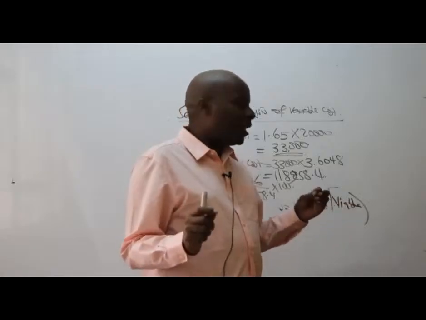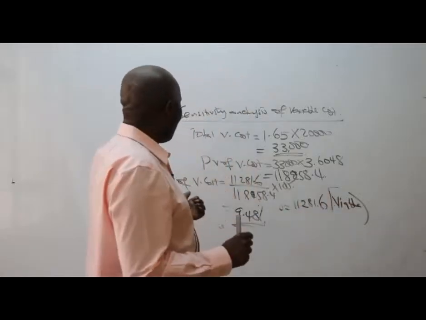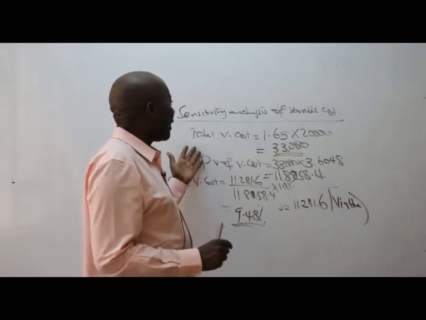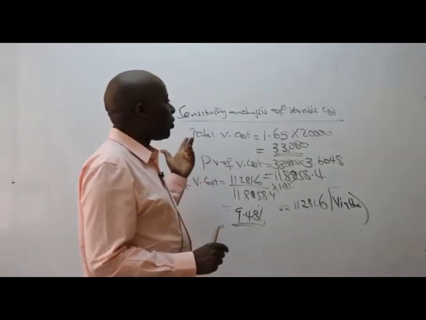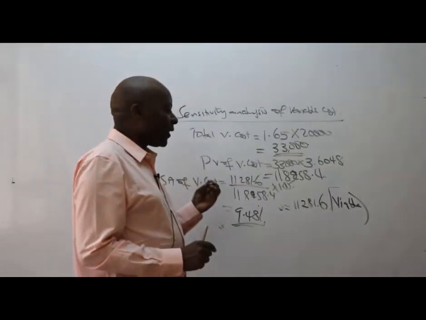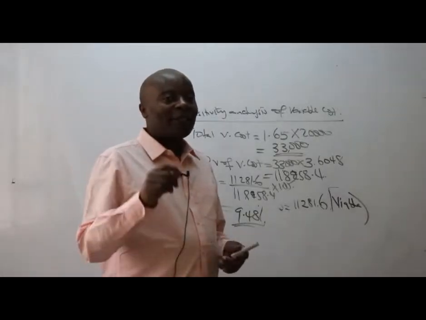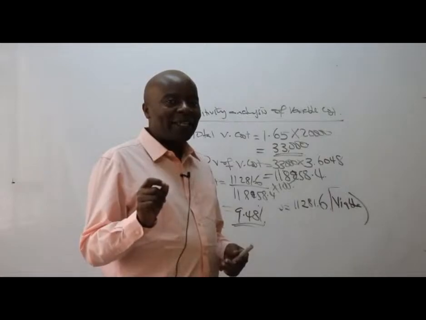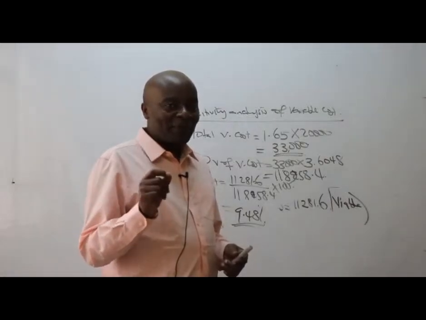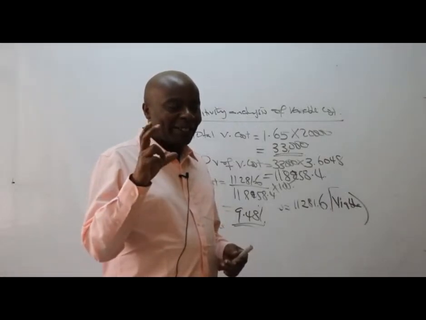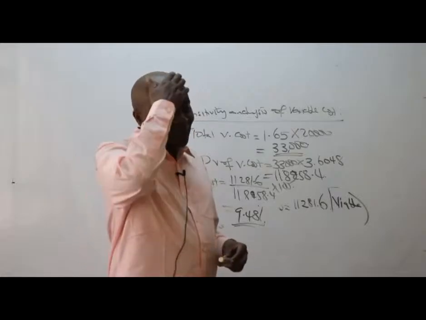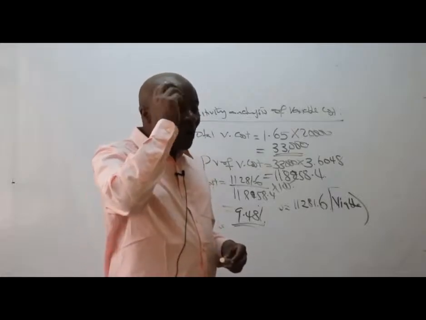The ones that are very sensitive, like in this particular case, between volume, price, and contribution, which one is the most sensitive? The one that is most sensitive is normally the smallest.